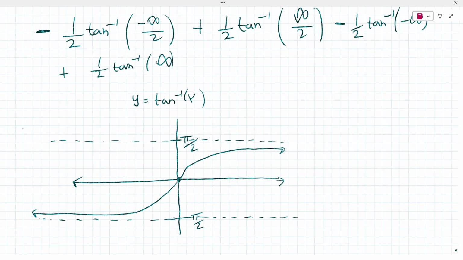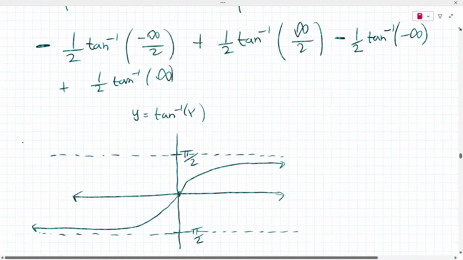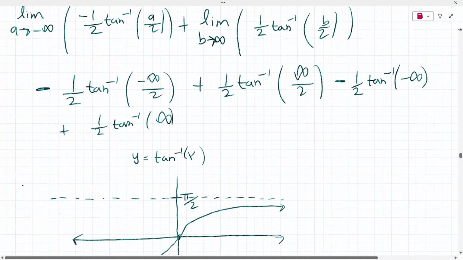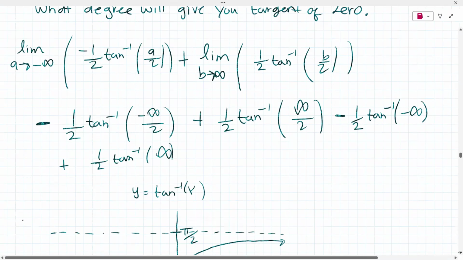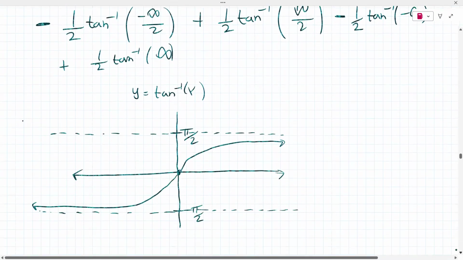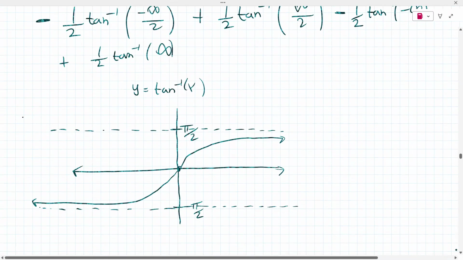So if we kind of go up here, what is negative 1/2 tan inverse of a, where a is negative infinity? If you look at the tan inverse graph, as a goes to negative infinity, the y value is negative pi halves. So it's going to be negative 1/2 times negative pi halves.